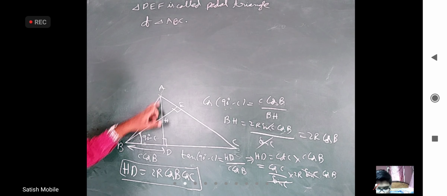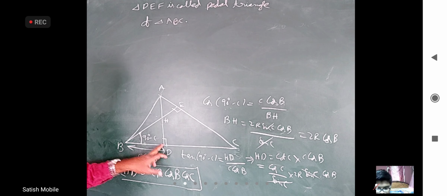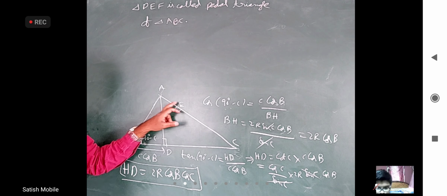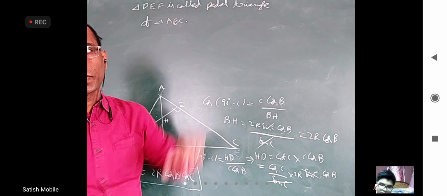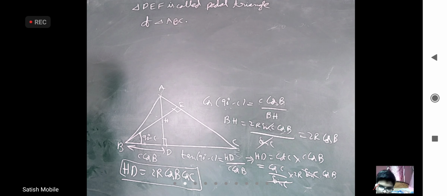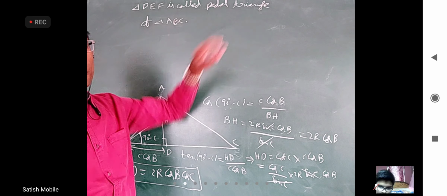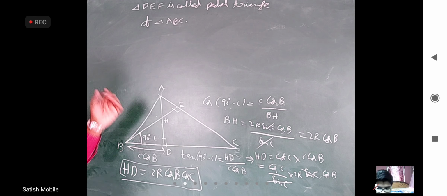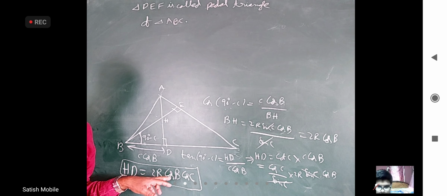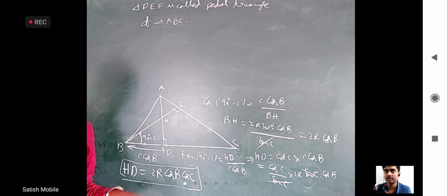Okay, if you take the feet of the altitudes, where the altitudes meet the opposite sides, the 3 points when you join, you get a new triangle that is called the pedal triangle of the original triangle. Pedal, pedal. Okay, everybody completed this down part? Okay, okay.